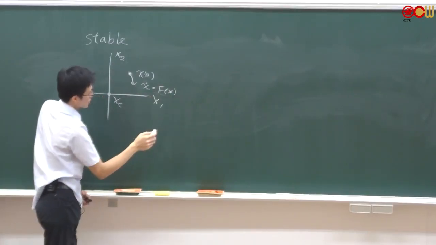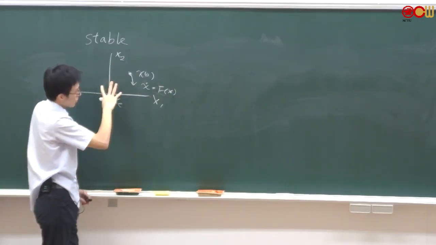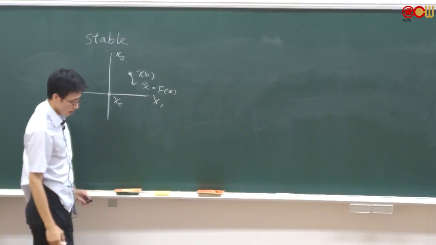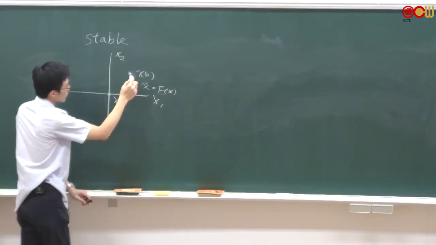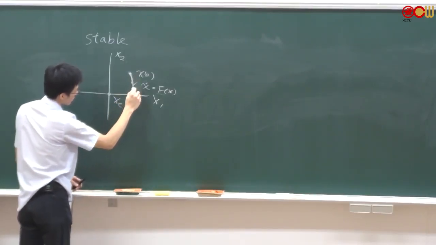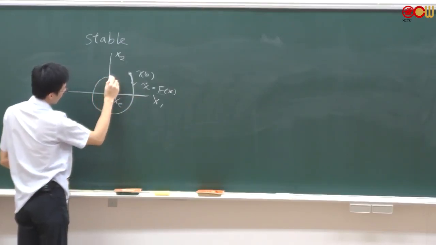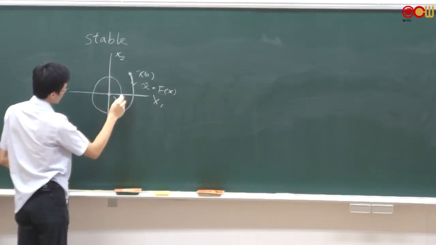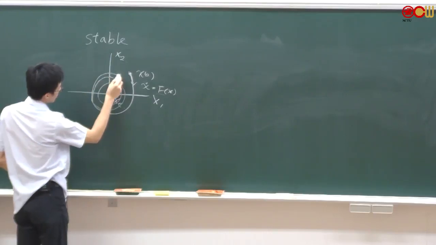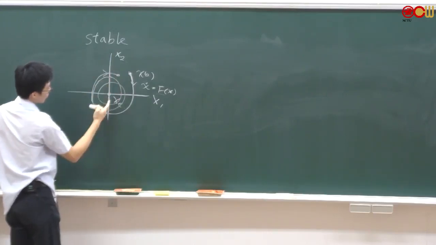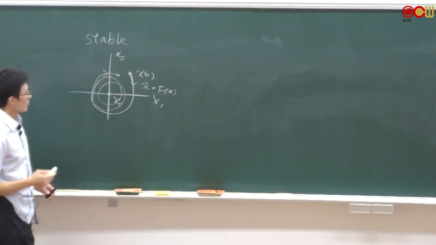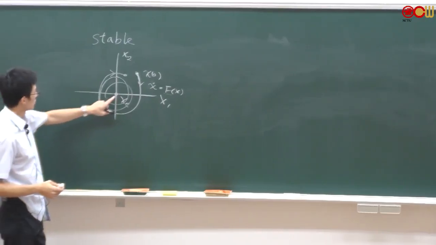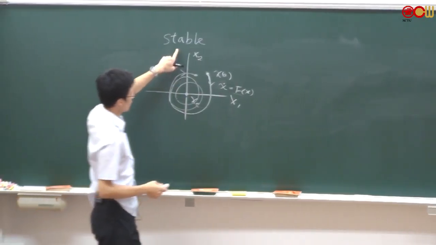Given the fx, you can draw the vector field or the phase portrait that give you the idea of where it's trying to go. And for a stable case, you can go anywhere around the equilibrium point, but not necessarily converge to the equilibrium point. That's for a stable case.